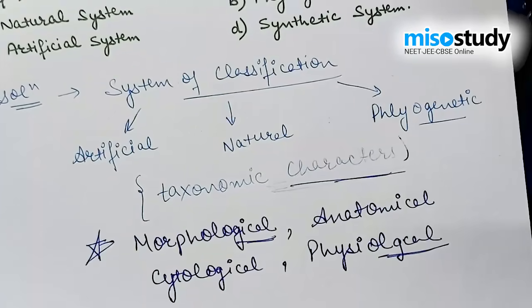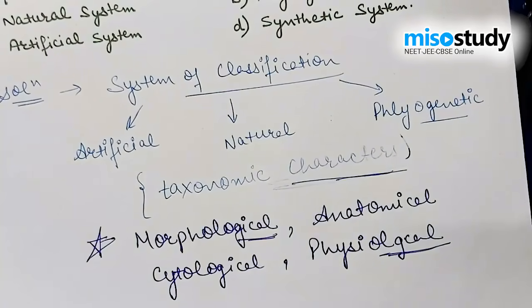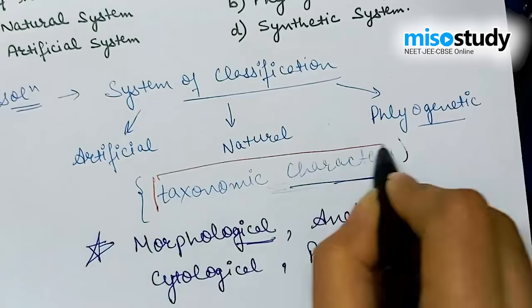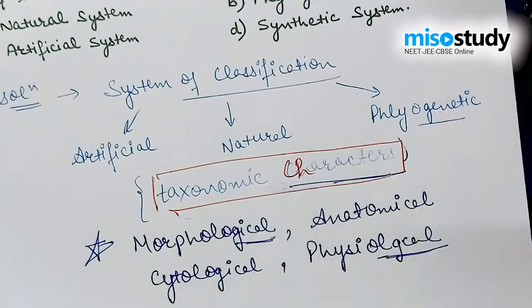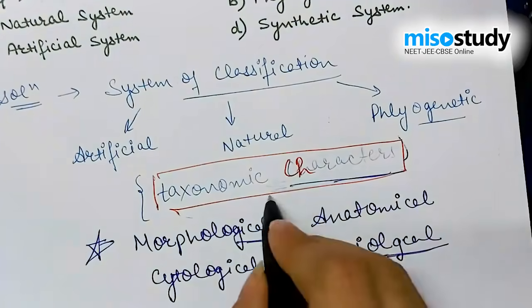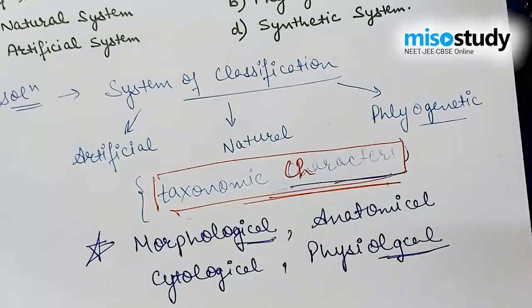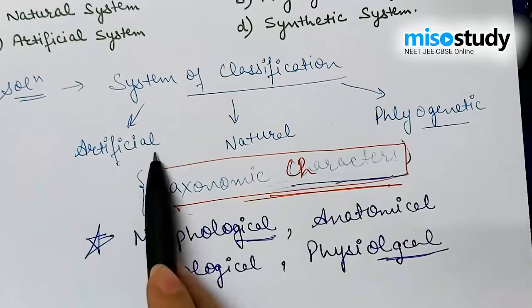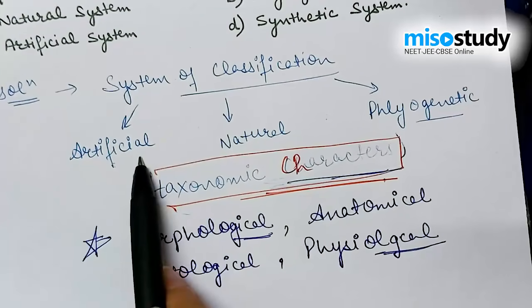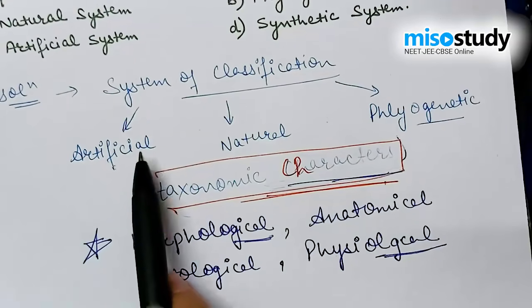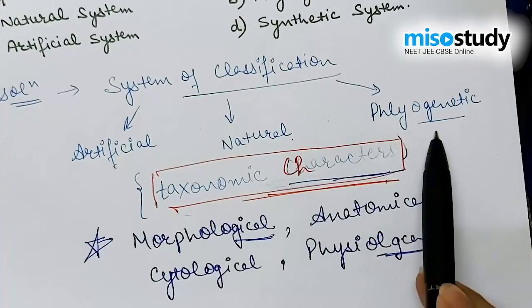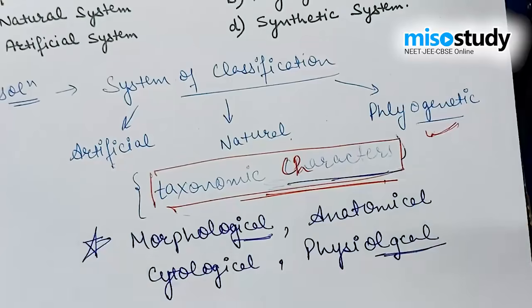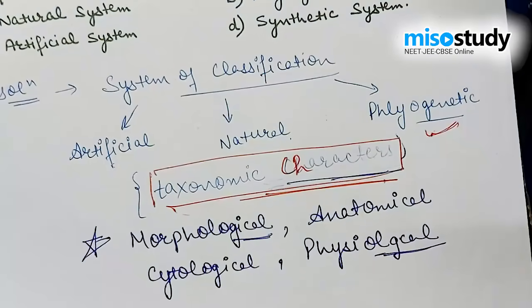The system of classification basically depends on the taxonomic characters. These taxonomic characters are very important to categorize all living systems into three basic systems of classification. First is artificial, next one is natural, and last one is the phylogenetic system of classification.